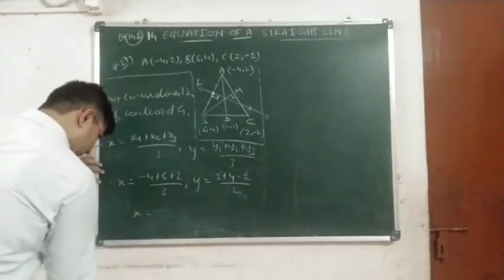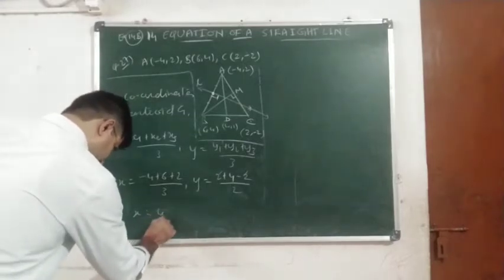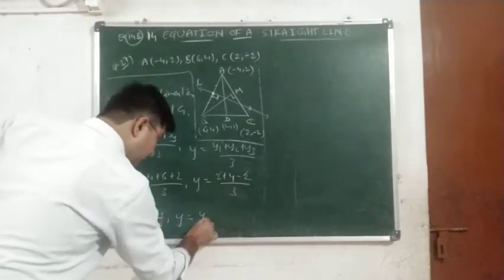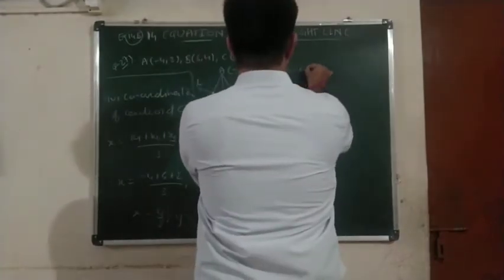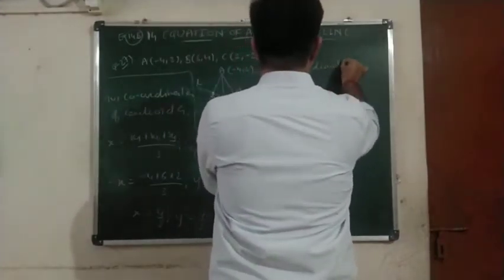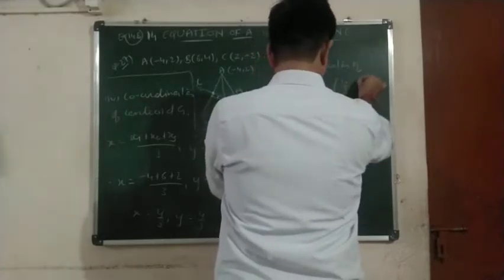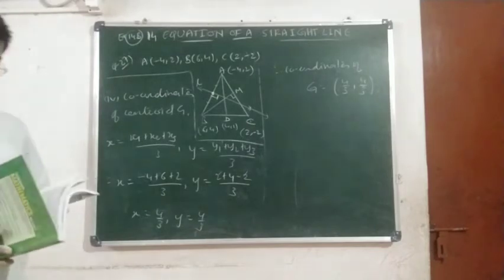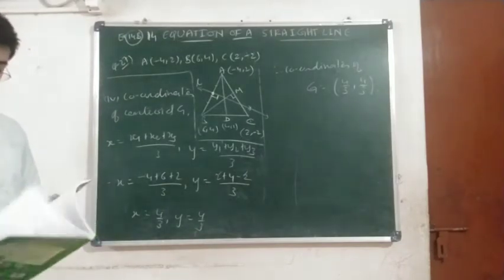Okay, so x is equal to 4 by 3 and y is equal to 4 by 3 as well, and therefore the coordinates of G are 4 by 3 comma 4 by 3. So this was the last required answer of this question number 27.